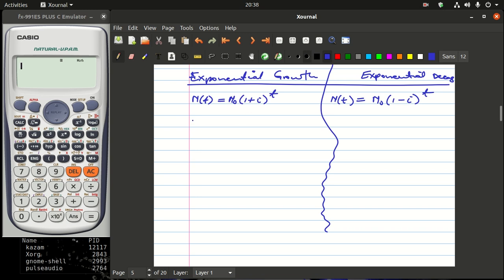I can say that, okay, I wanted to change it to be N of t is equal to n naught, and then if I want to change this, you can go and check the previous lesson we had on the conversion of bases. I think it's supposed to be lecture 18 if I'm not mistaken.